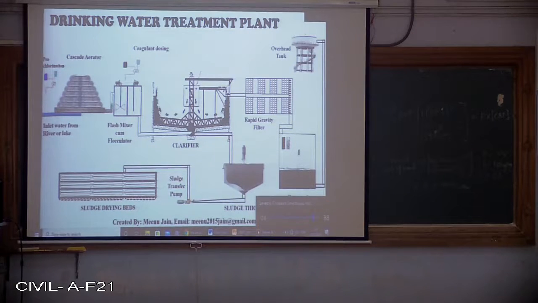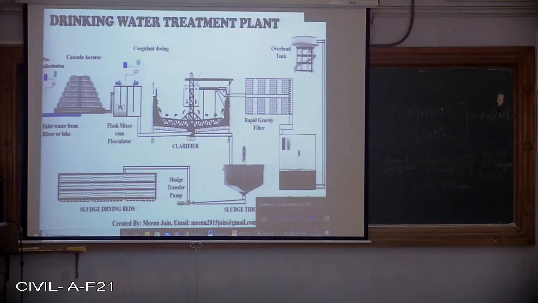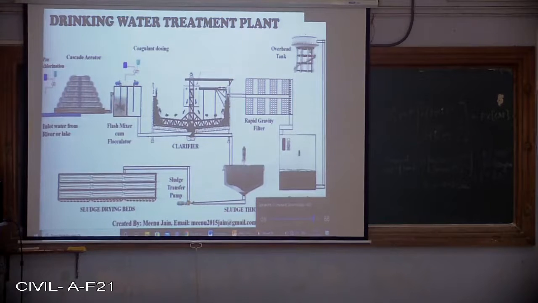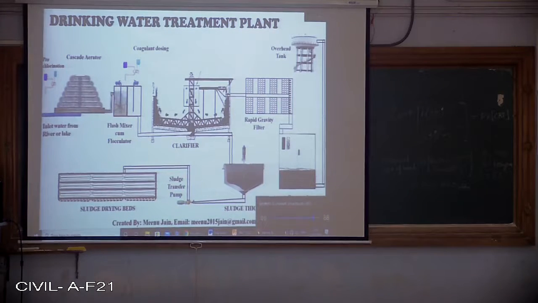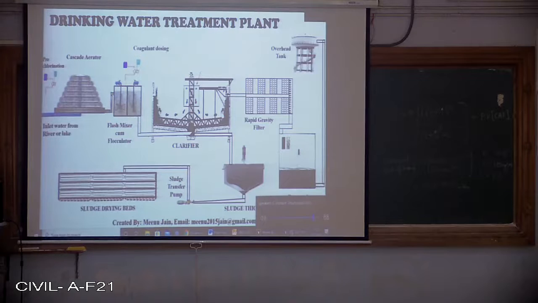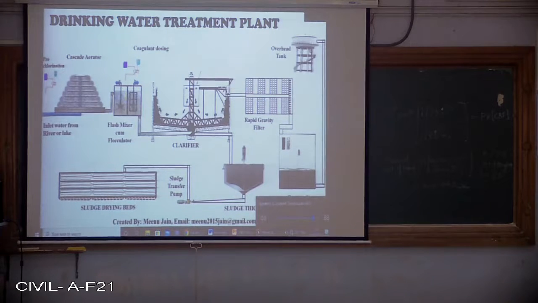After the cascade aerator, water flows to the flash mixer cum flocculator, where coagulant chemicals like alum, lime, polyelectrolyte, etc. are dosed and mixed properly by a rapid mixer and passed to the flocculator, where flocs are generated with the help of slow mixing by a paddle agitator. This unit is used for removal of turbidity and to convert fine solid particles to bigger size floc particles.